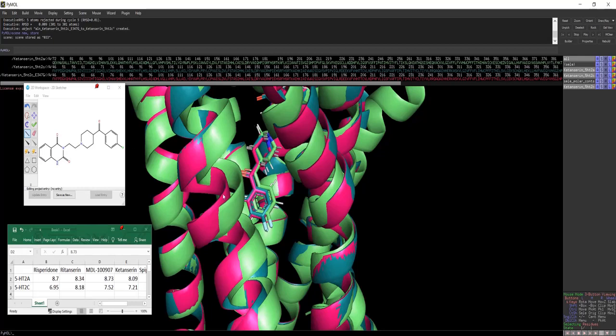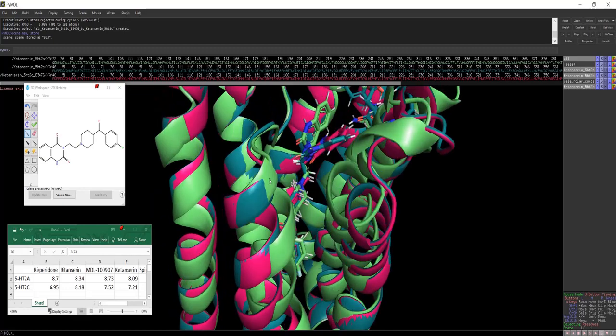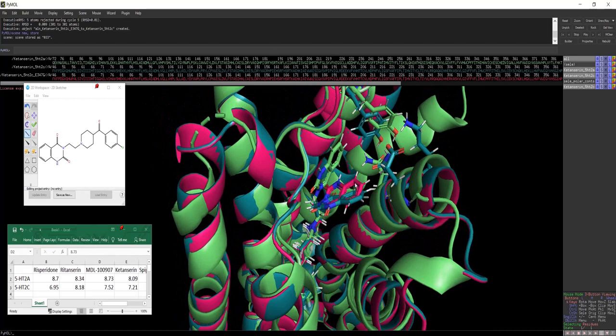We can see the orthosteric binding pocket is identical, which is to be expected. And we can see that there is actually a change in the extended binding pocket. While it does shift slightly to the left, it doesn't shift as far as the same compound in 5-HT2A.